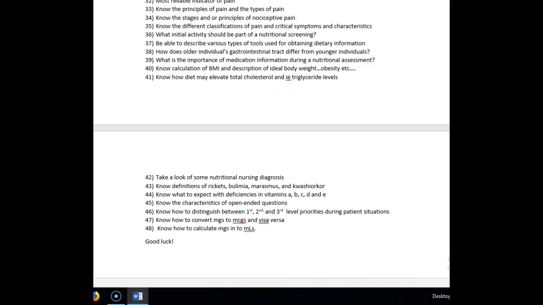So if you were presented on an exam with some diagnoses related to nutrition, you would know that, okay, this doesn't make sense, and just be aware of it.